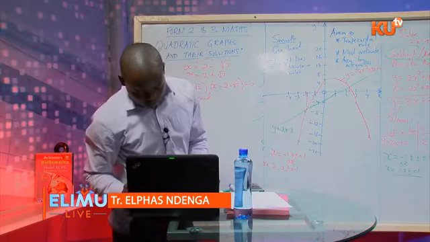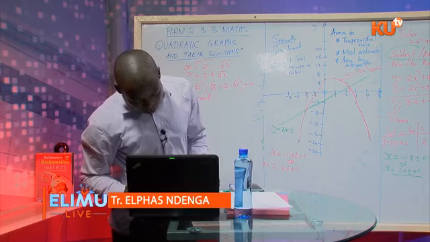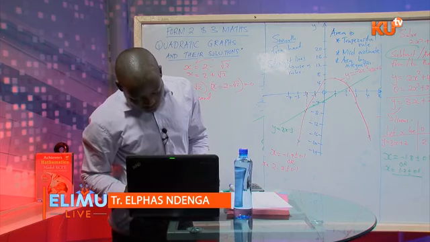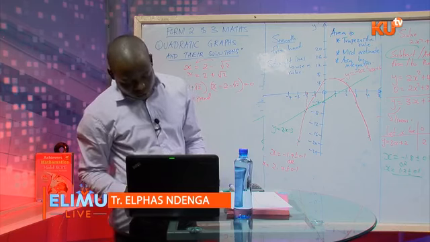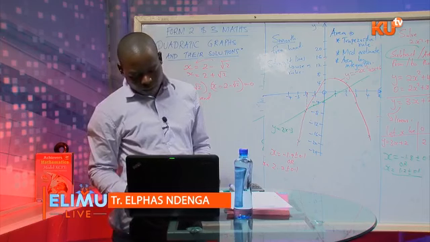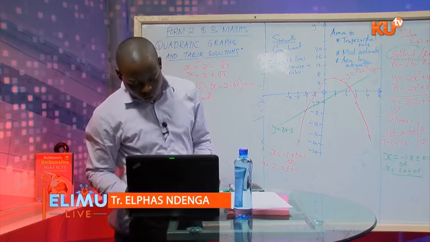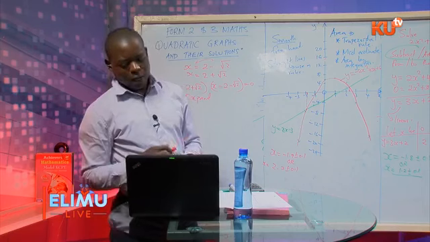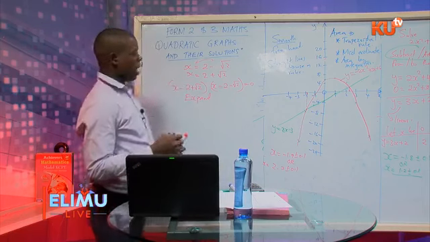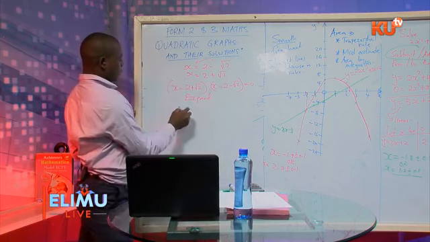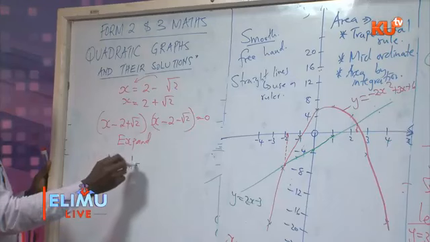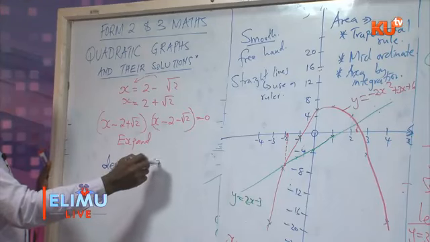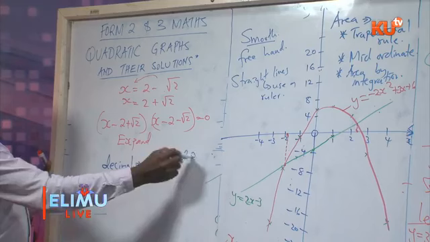Again, we have a question from Crispin from Siaya. When forming a table, you find a decimal value either for x or y. What do you do when plotting the same? Crispin, if you find the values of y are decimal numbers, then it is advisable that you record to 2 decimal places in the table.